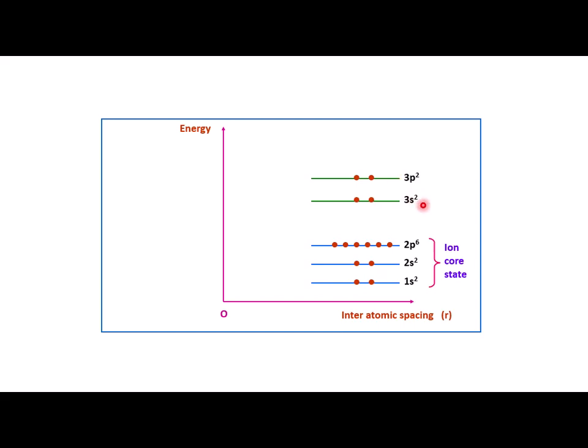Since there are n number of atoms, 2n energy levels will be there for 3s and 6n energy levels will be there for 3p, because an s orbital can have 2 electrons, one for up spin and one for down spin. So there are 2 available energy levels for s. Similarly, since the p subshell can have 6 electrons, 2 for px, 2 for py and 2 for pz, it can also have 6 energy levels.